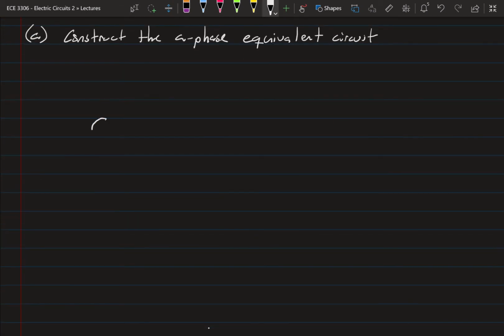We've got our generator that's at 120 at 0 degrees volts. Then we've got that source impedance, which was 0.2 ohms in series with plus J 0.5 ohms. There's our little a.